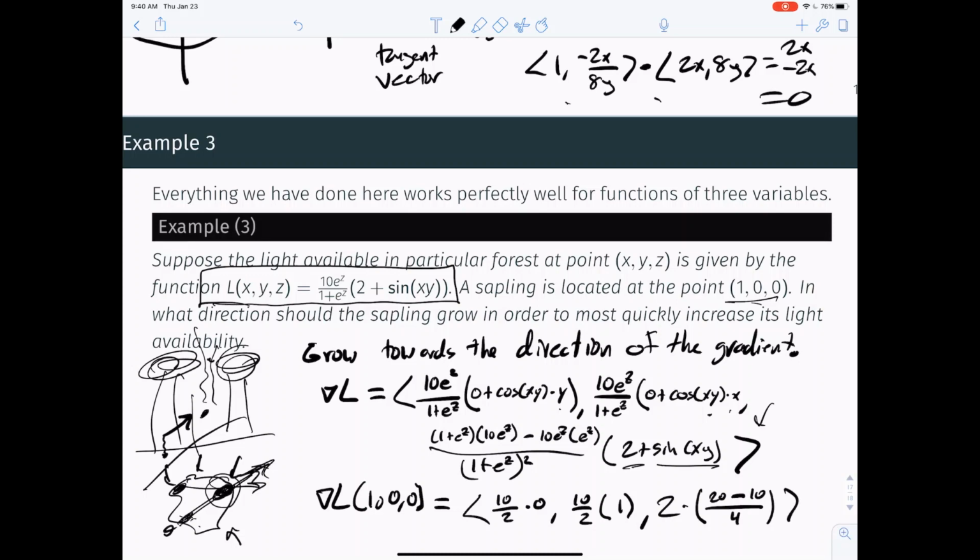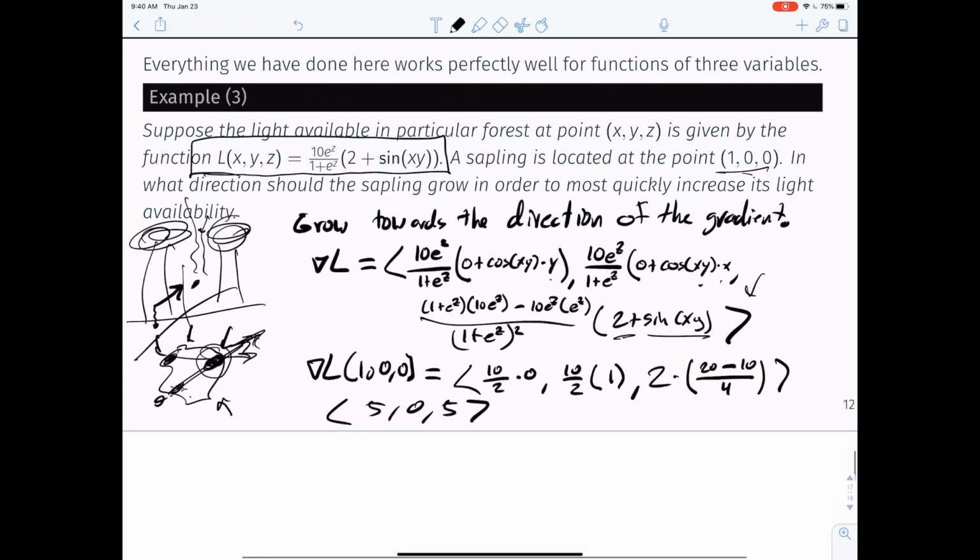Okay, so what's the gradient in this case? 5, 0, 10 times 20 over 4, 5. So (5, 0, 5). That would be the gradient, and we want to move in the gradient direction.